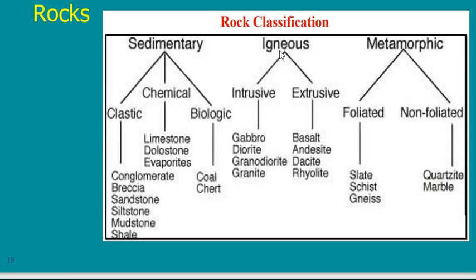What about igneous? Do you know what igneous rocks are? Sedimentary rocks, we said, are rocks formed by the sedimentation of particles and condensation together to form the rock. But igneous rock is different. You remember in our lecture when we said that the molten material from below comes up as magma, the magma that is coming from below through the volcanoes, comes outside as lava.